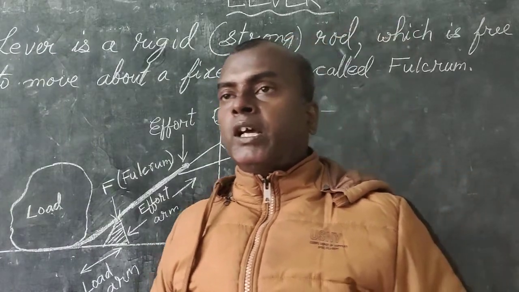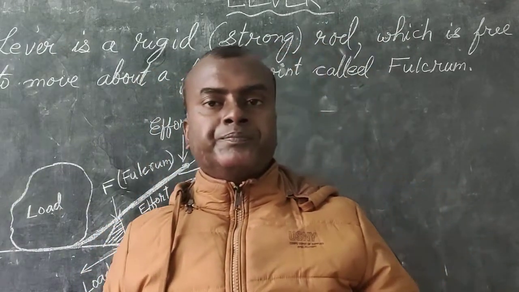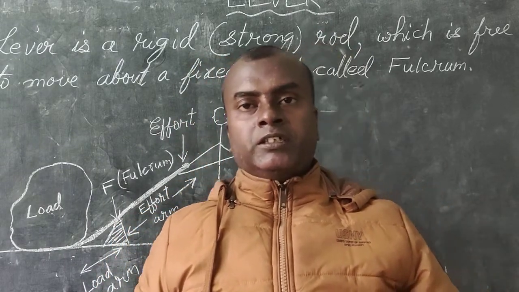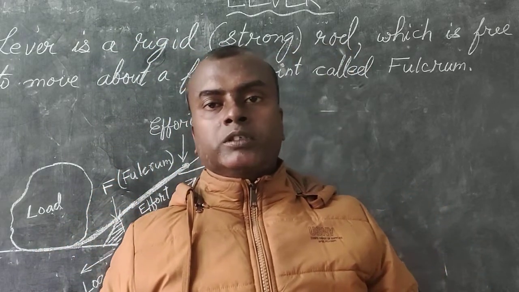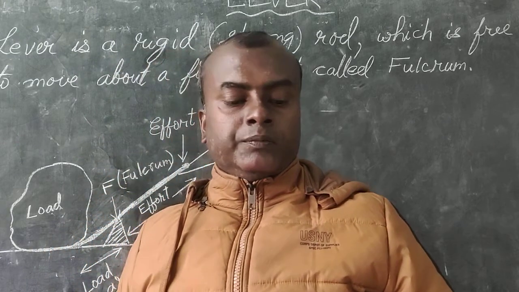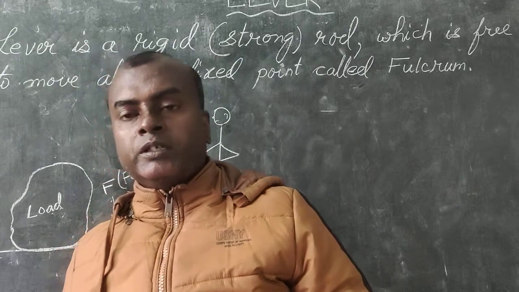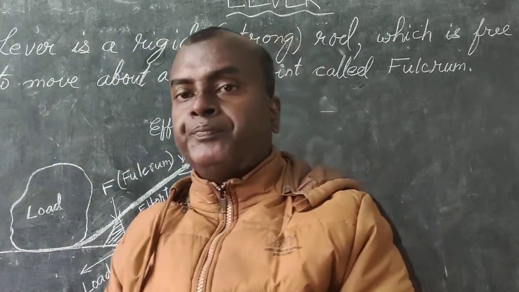And in that we have 6 different types of simple machines. We have lever, we have inclined plane, we have wedge. Wedges are all those sharpened tools like knife, axe, etc. And we have wheel and axle, we have pulley, and we have one more, screw.